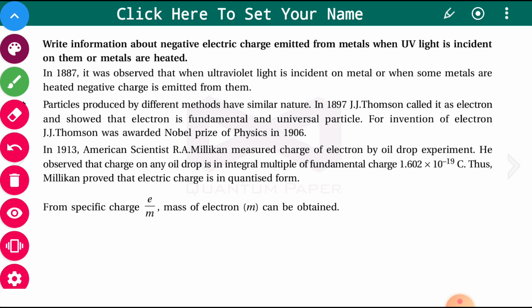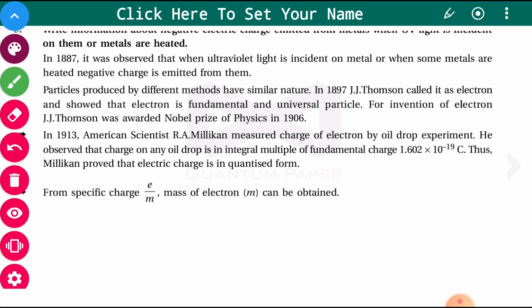In 1887 it was observed that when ultraviolet light is incident on metal or when some metals are heated, negative charge is emitted from them. So whenever the metal is heated or UV light is incident, negative charge is coming out.